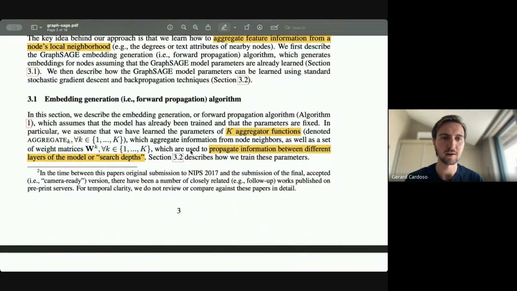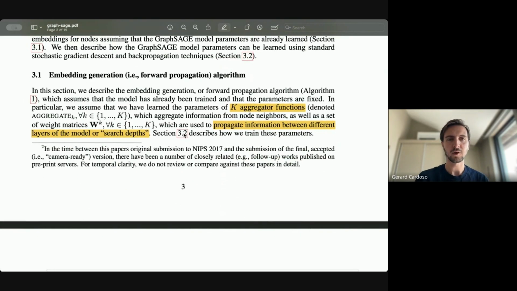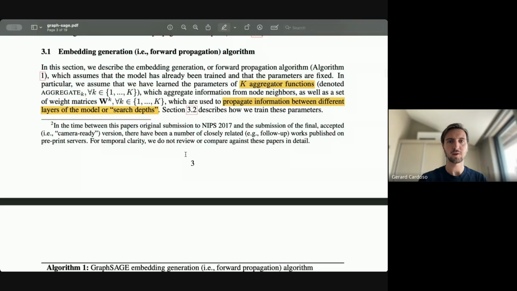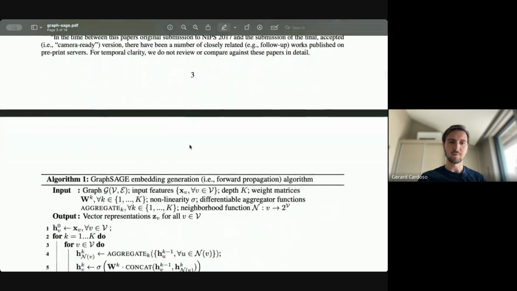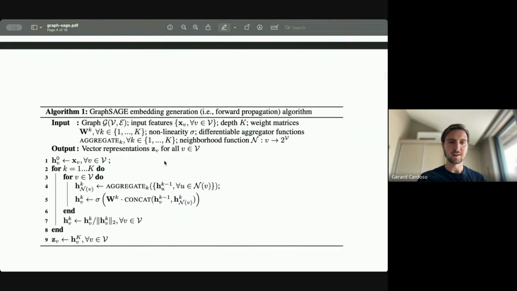Okay, so going into a little bit more detail of the algorithm itself. How does the forward propagation work? How does the prediction work? They have a good description here. You have a graph with some vertices and edges. Each node has a set of input features.